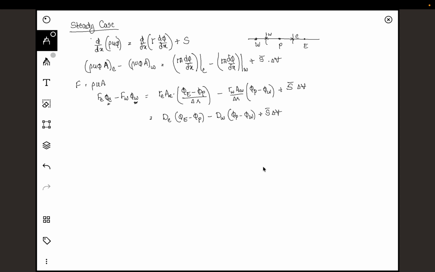So we need some kind of approximation that relates the face center values of the variable with the cell center values. That is where we have different kinds of methods.